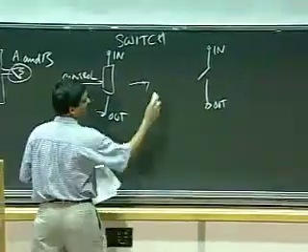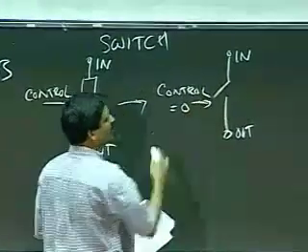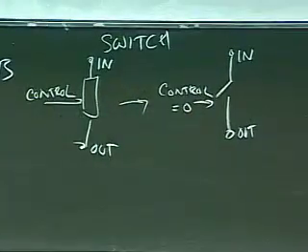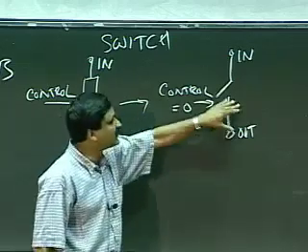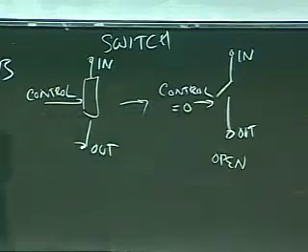This is for my switch. So when control is a 0, then my switch is open, to give me an open circuit in the circuit that I've shown you here.